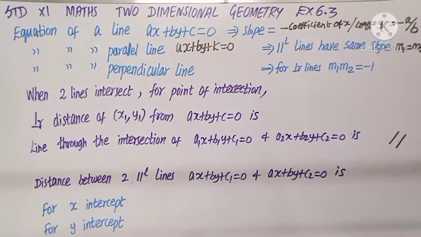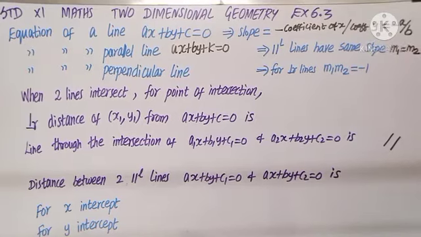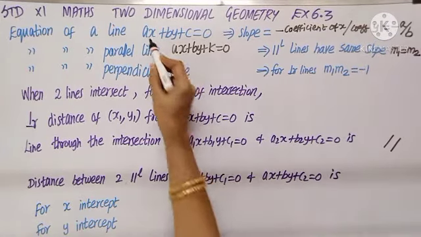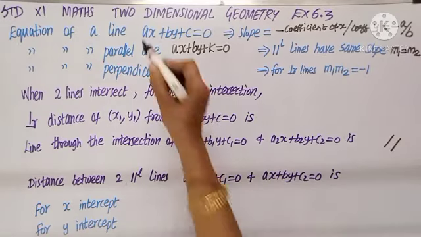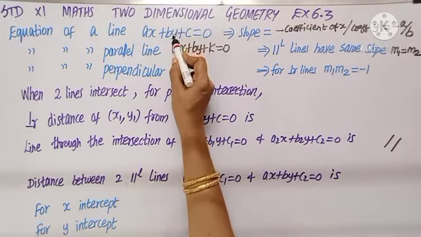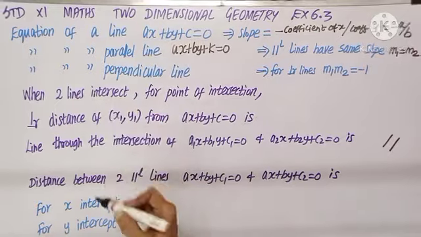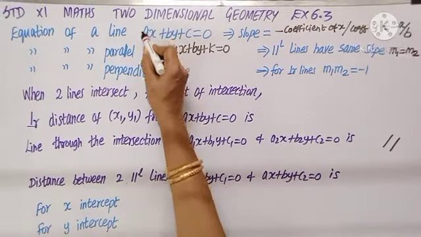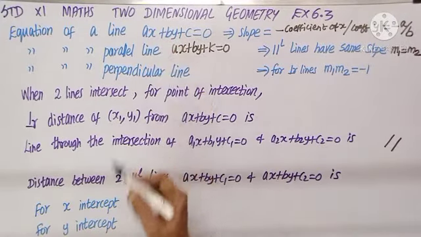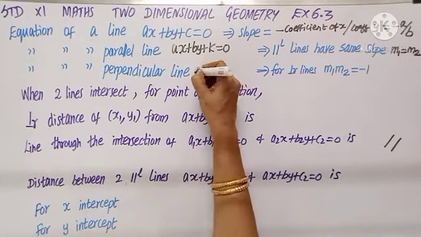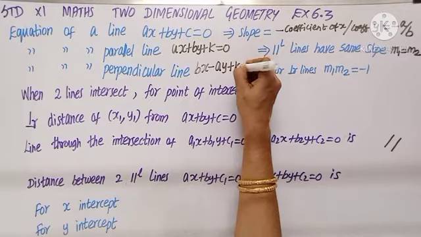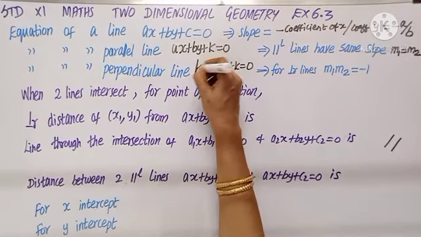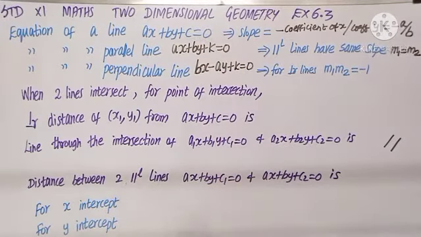The next idea, perpendicular lines. When I want a perpendicular line for a given equation, put the x coefficient in y's place and the y coefficient in x's place. That is, b will come here, a will go here. How will I write it? bx minus ay plus k equal to 0, where k is a constant.